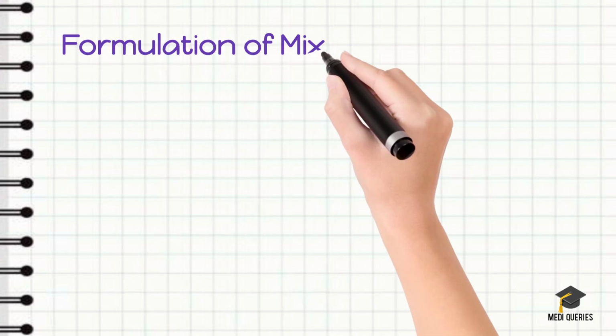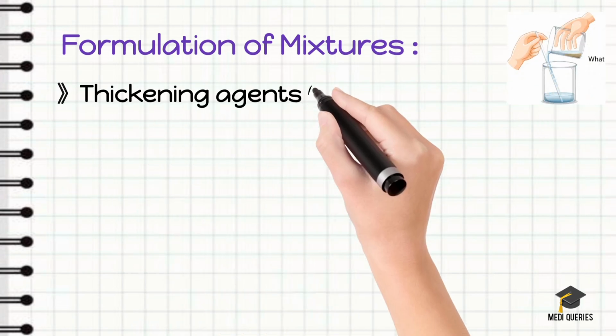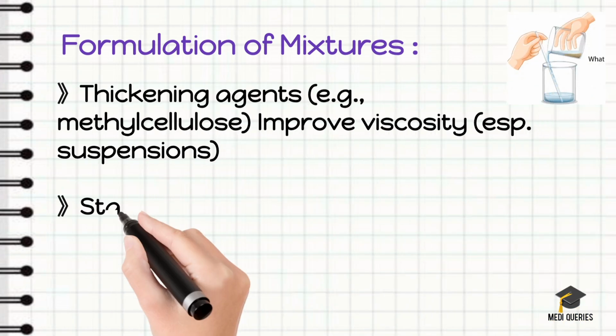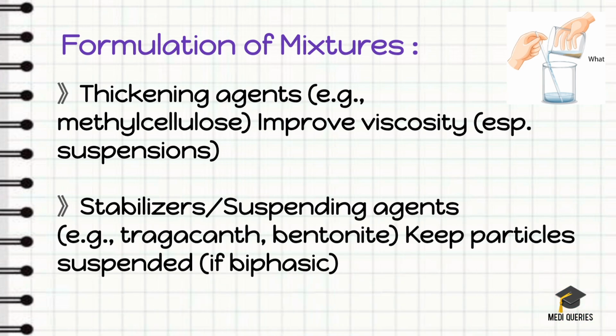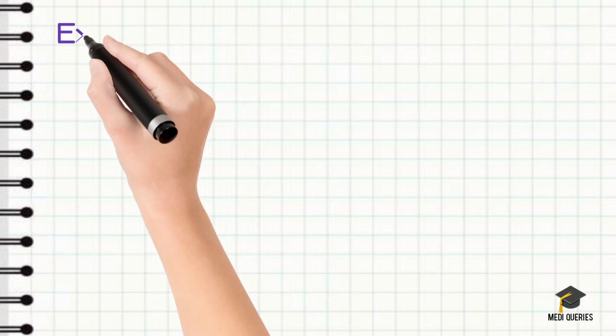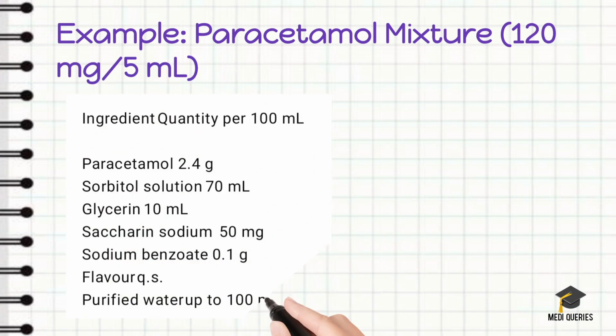Thickening agents are used to improve the viscosity of the preparation. Example, methyl cellulose, especially for suspensions. And stabilizers and suspending agents are used to keep the particles suspended in case of biphasic systems. Example, tragacanth, bentonite.